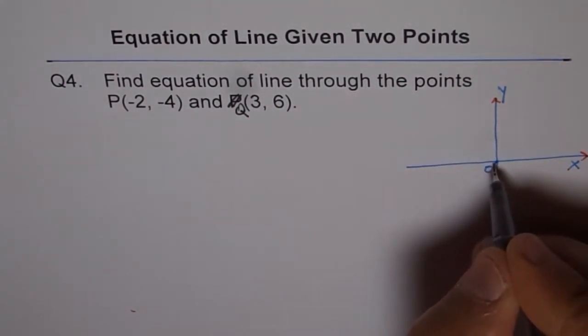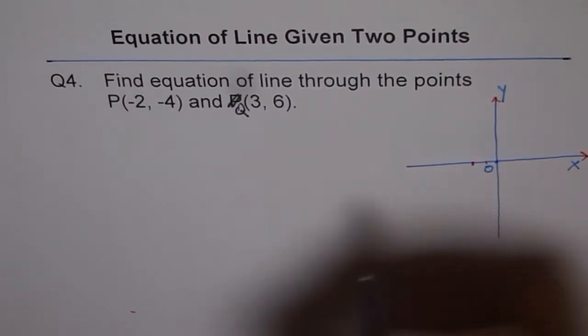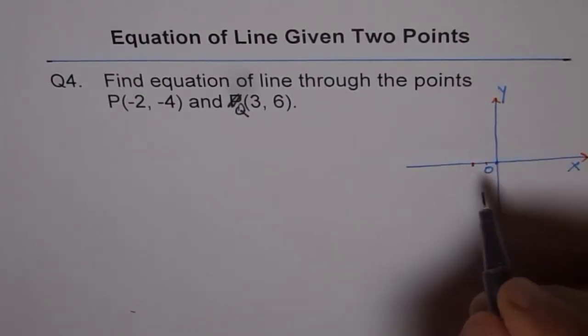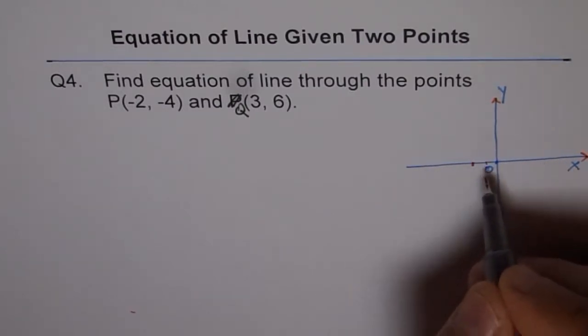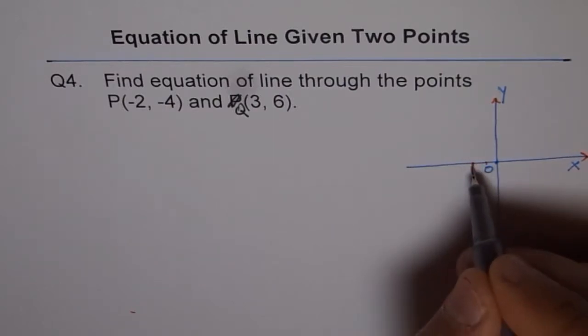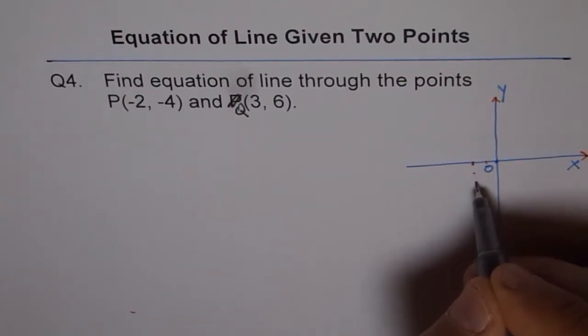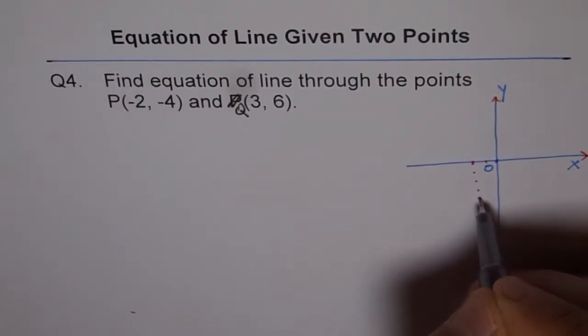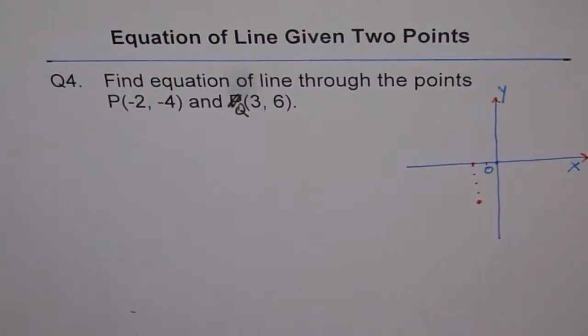So minus means go left of origin. 2 units left will give you -2. -4 means 4 units down from the x-axis, parallel to y, okay? Not diagonal or anywhere else, just parallel to y. -4: 1, 2, 3, 4. That's the point P (-2, -4).